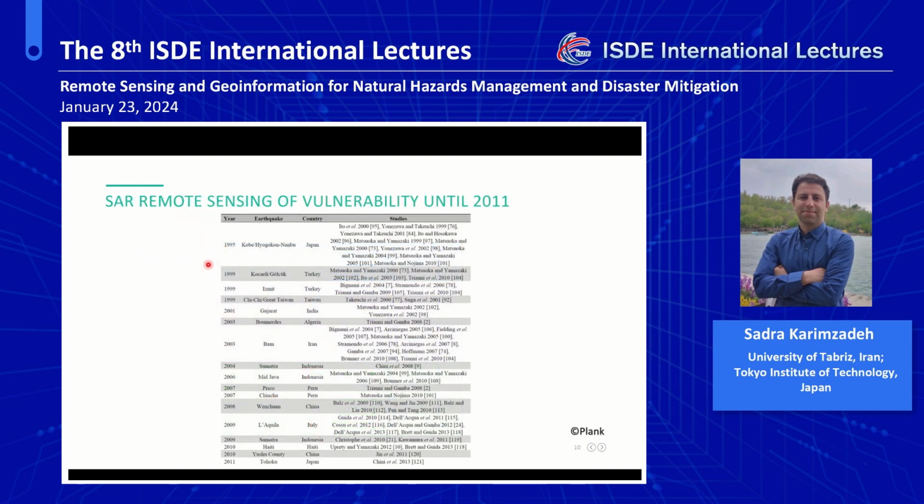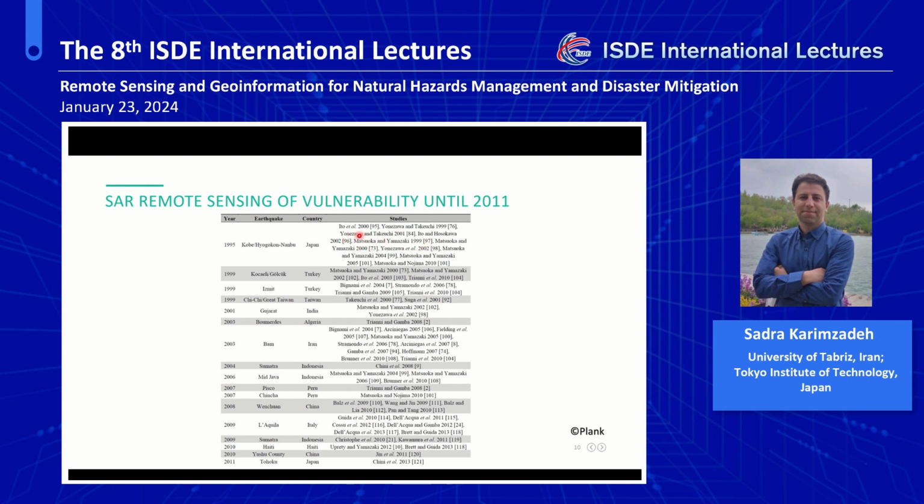Well, here I sorted the remote sensing of vulnerability studies until 2011. It started from the Kobe earthquake in 1995. You see many works have been done here, Matsuoka and Yamazaki in 1999.